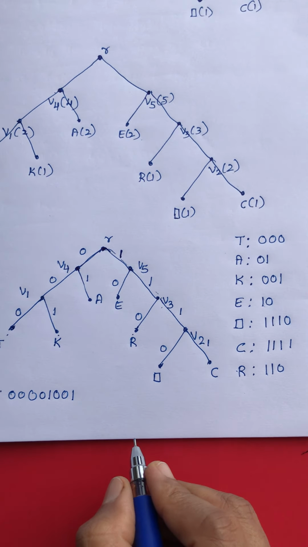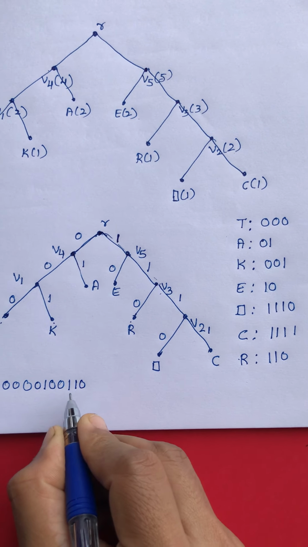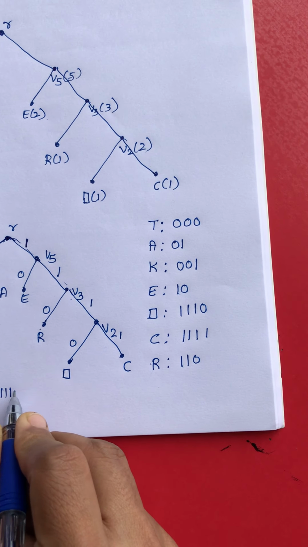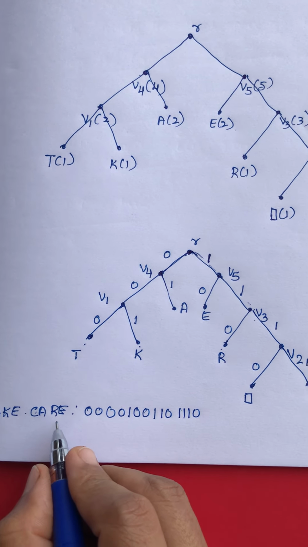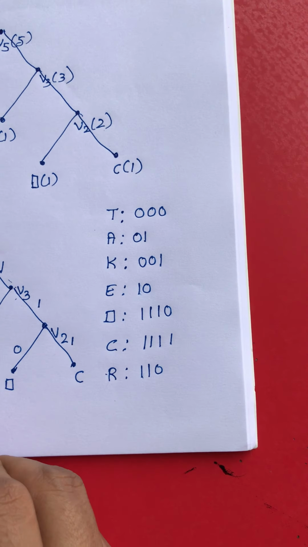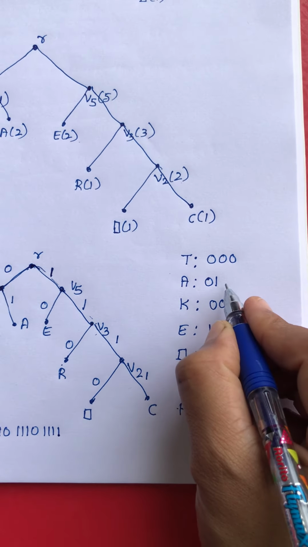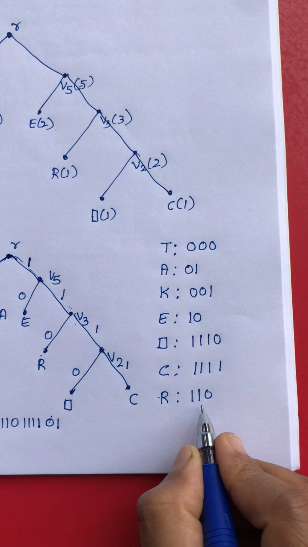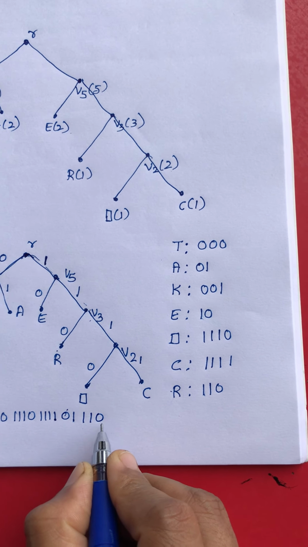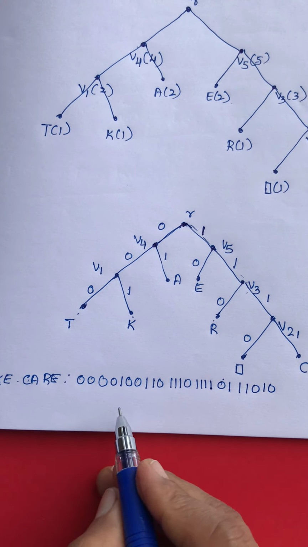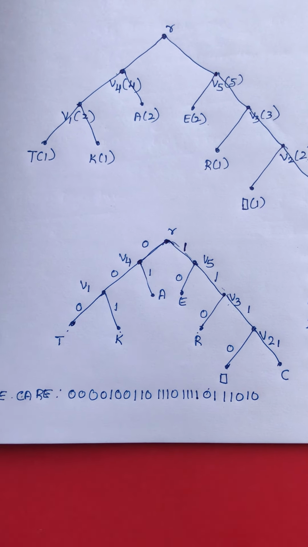Then we have E. E is 1, 0. Then we have blank space. Blank space is 1, 1, 1, 0. Then we have C, A, R, E. C is four ones. A is 0, 1. R is 1, 1, 0. E is 1, 0. So this is the message for take care.